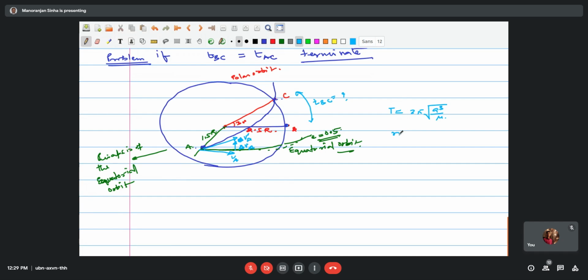The mean angular velocity is then 2 pi by T, the square root of mu by a cubed. So what is the time to go through this 30-degree angle? First we convert this 30 degrees into radians, because here everything has to be in radians.